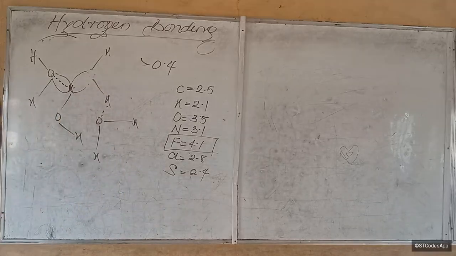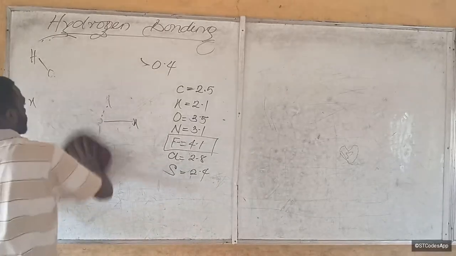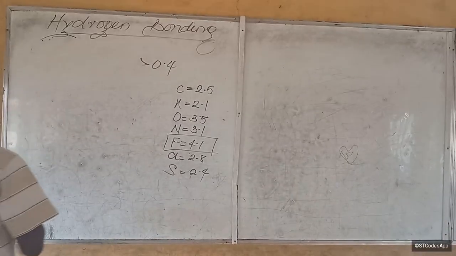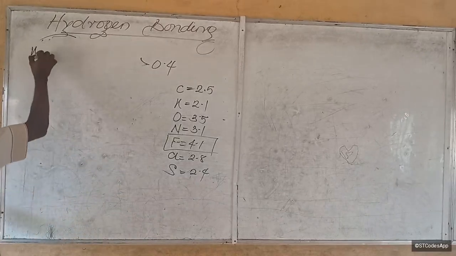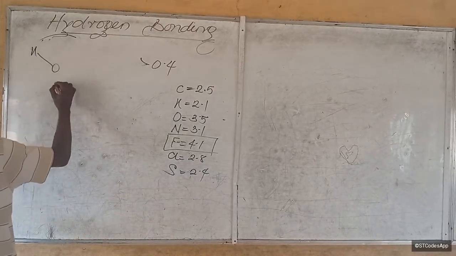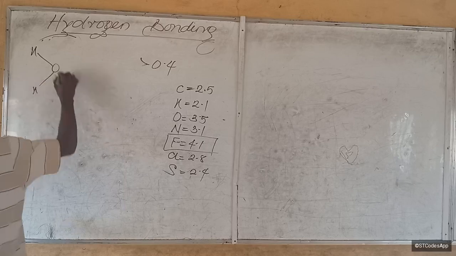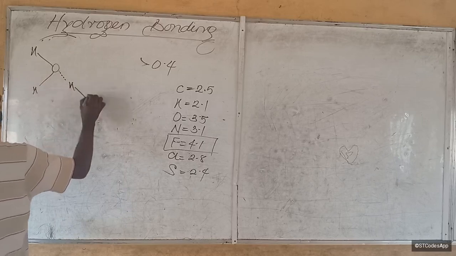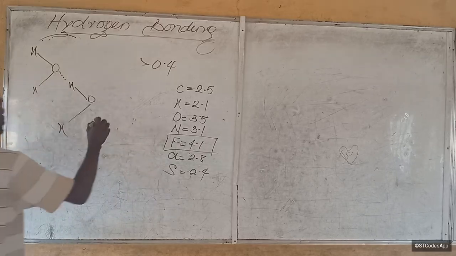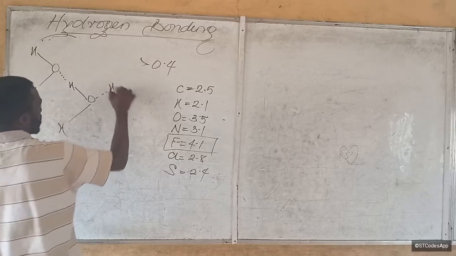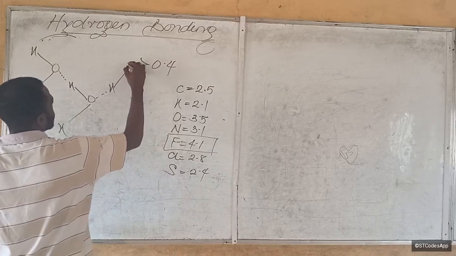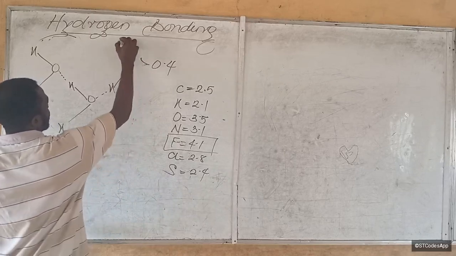Let me draw the structure correctly. So we begin with the hydrogen bond here. It's going to coordinate with this, and we have hydrogen, oxygen, hydrogen. Then this one will coordinate with a hydrogen, oxygen, hydrogen.